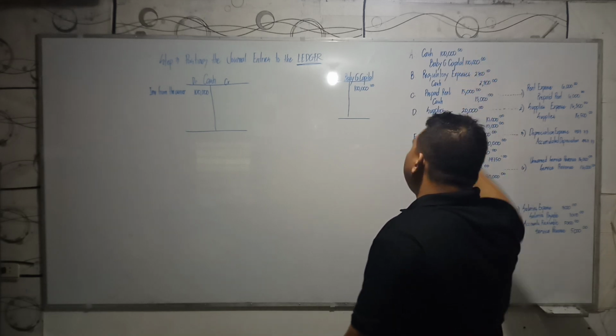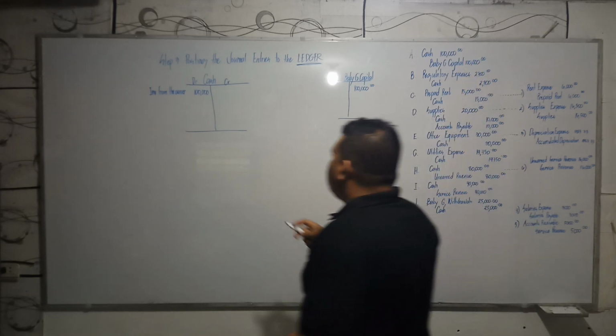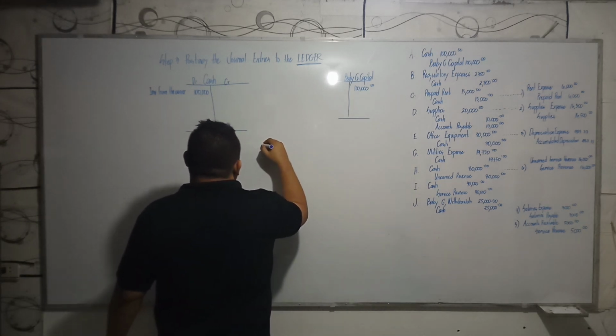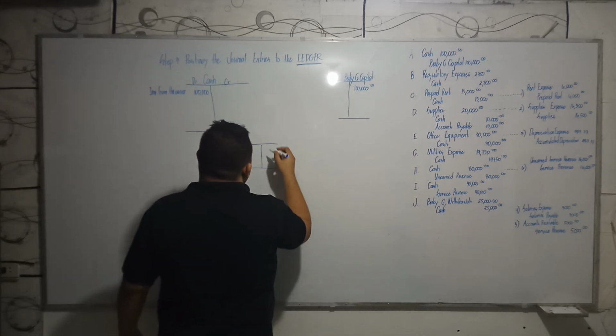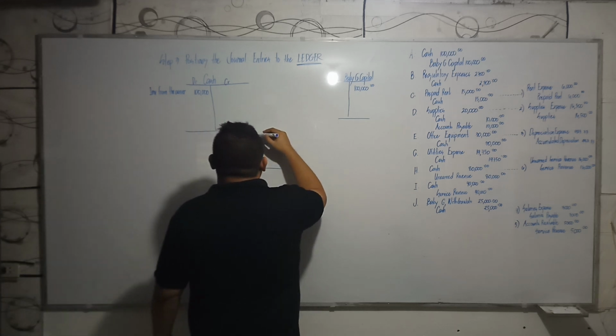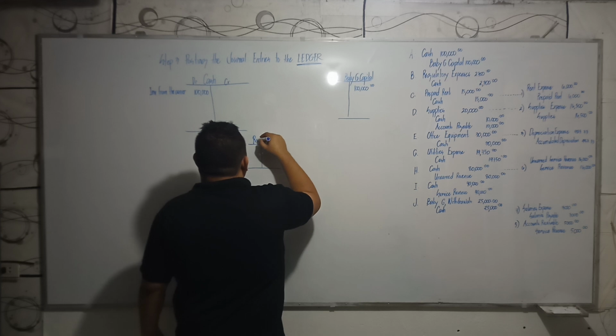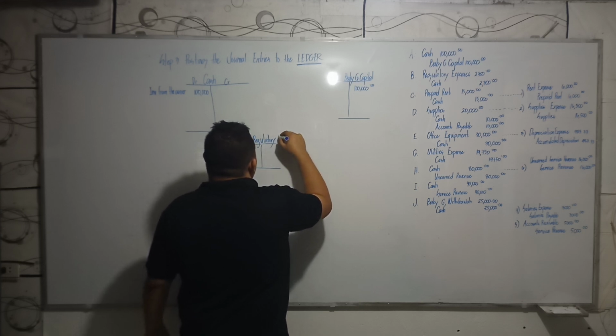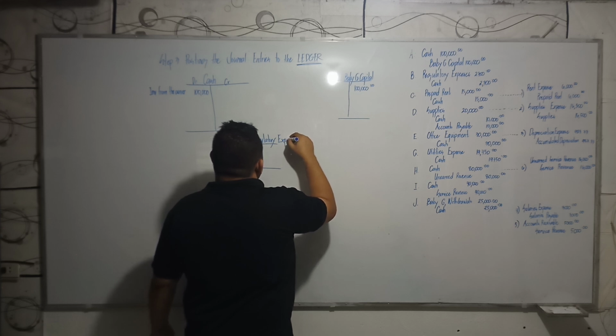Okay? But moving forward, let's put everything. So we have regulatory expenses. I'm going to put that here, just on a little side, because I wanted to emphasize the asset side and then we have the expenses. So you're going to have a separate account for regulatory expenses.